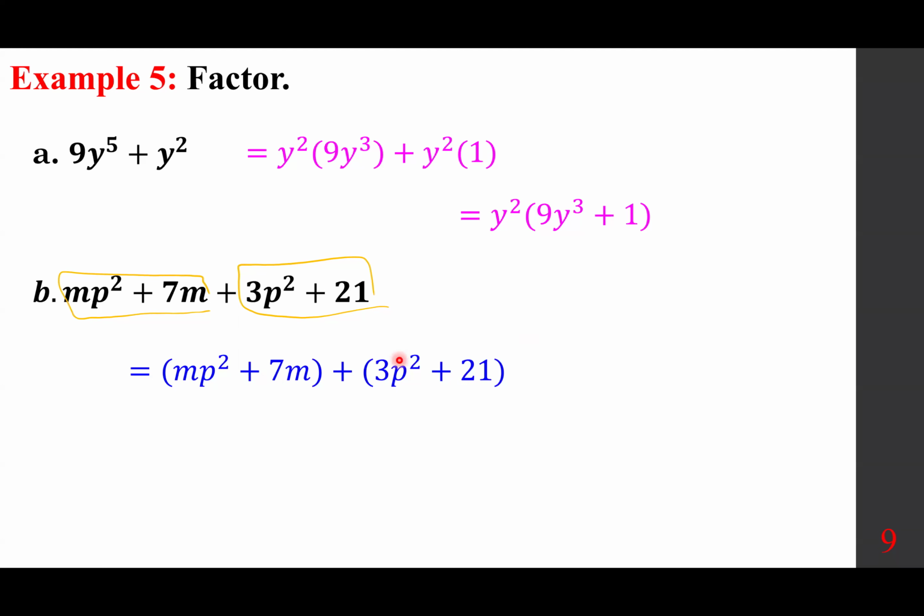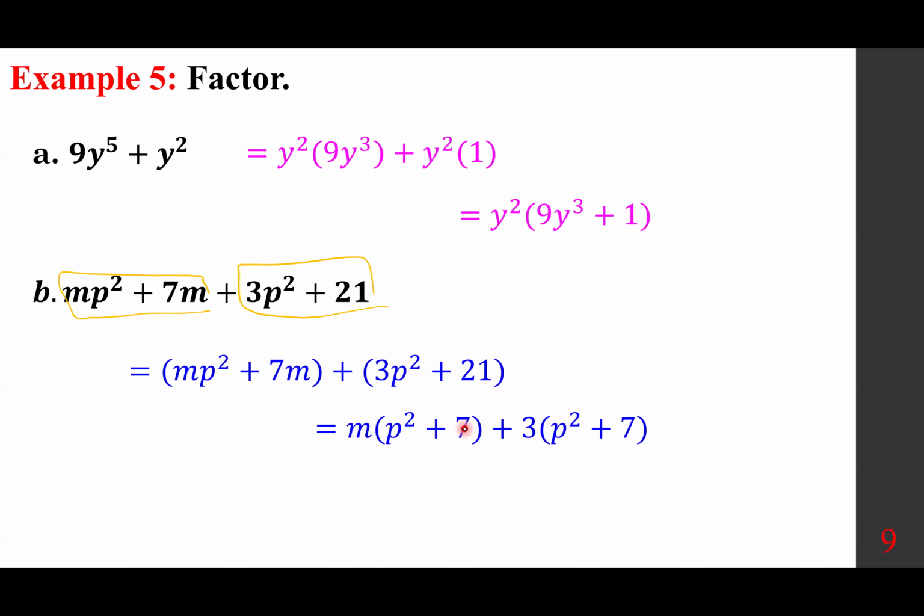This one, we can take number 3 out, which creates the same factor p squared plus 7. So one more time. If I put the first two together, the common factor is m. We take it out, we get p squared plus 7. The last two, number 3 is in common, and we get p squared plus 7, which is the same thing.